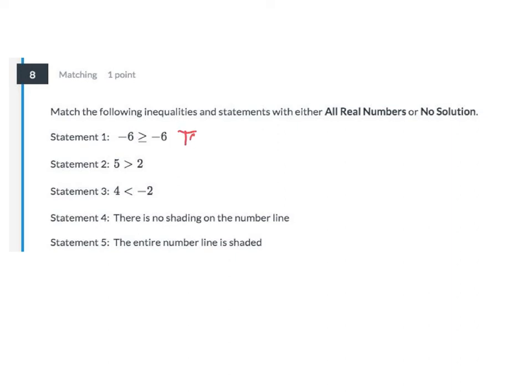That is true, so this one is all real numbers. Moving on, we have 5 is greater than 2. Well, that is also true, so our answer is all real numbers.